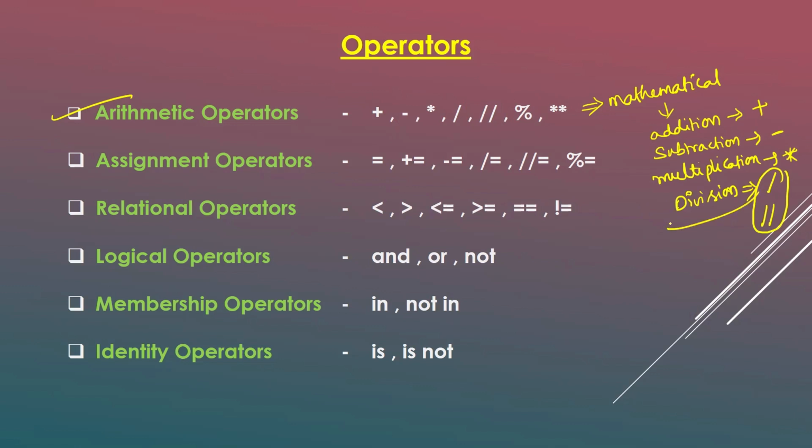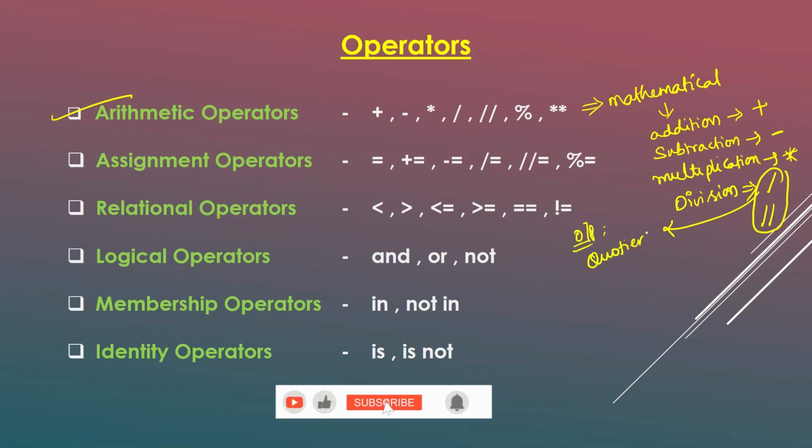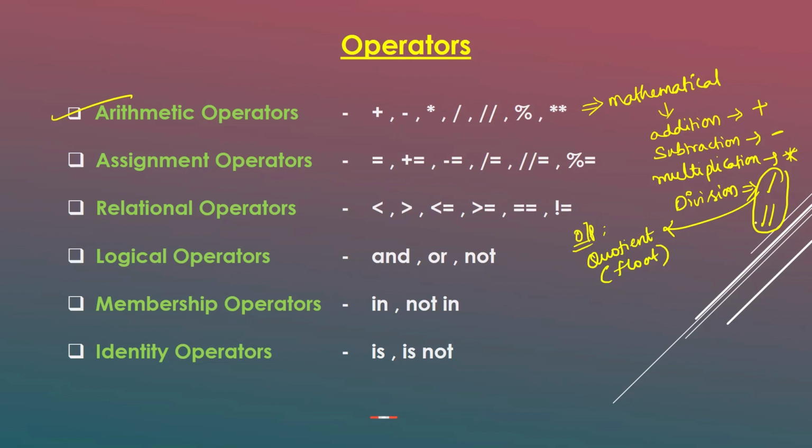When you use only one forward slash, it will give the output as a quotient, and that quotient is in the format of a float value. The double forward slash will also return the output as a quotient only, but the output is in the format of an integer. We'll discuss in detail.